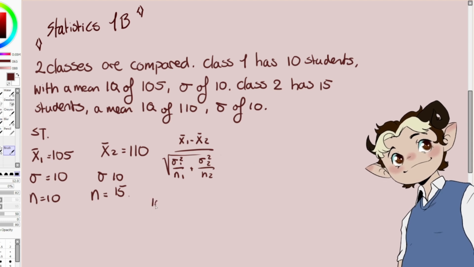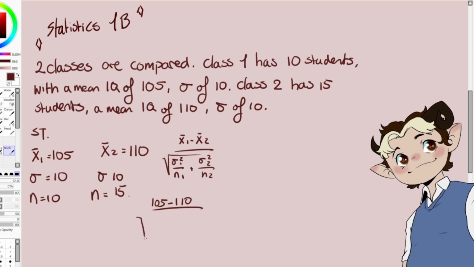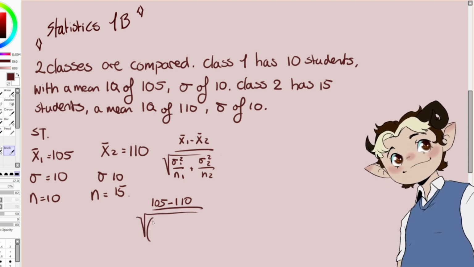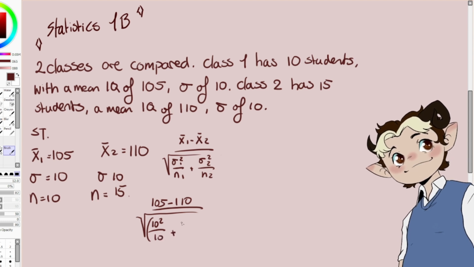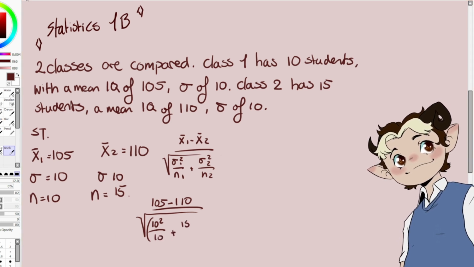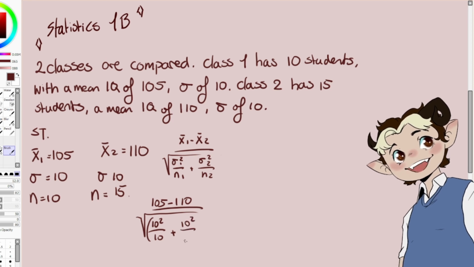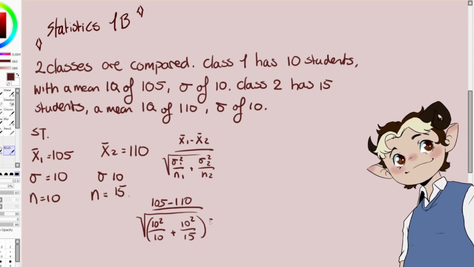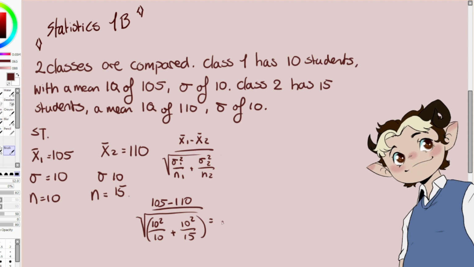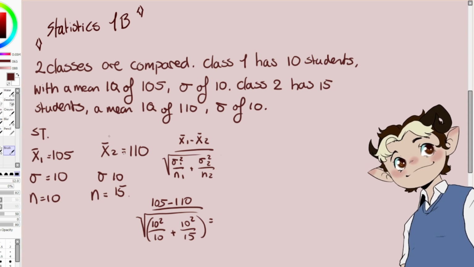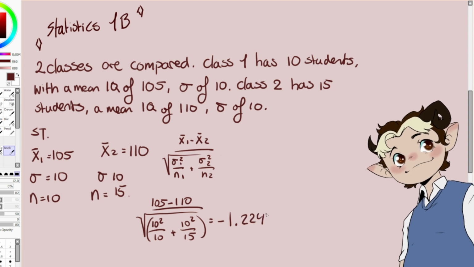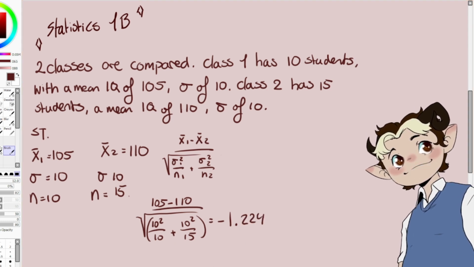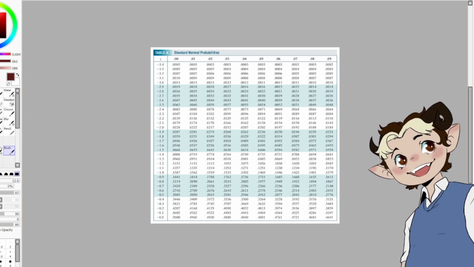That is 105 minus 110 divided by the square root of 10 squared divided by 10 plus 10 squared divided by 15. We plug those in and we get a score of minus 1.224.